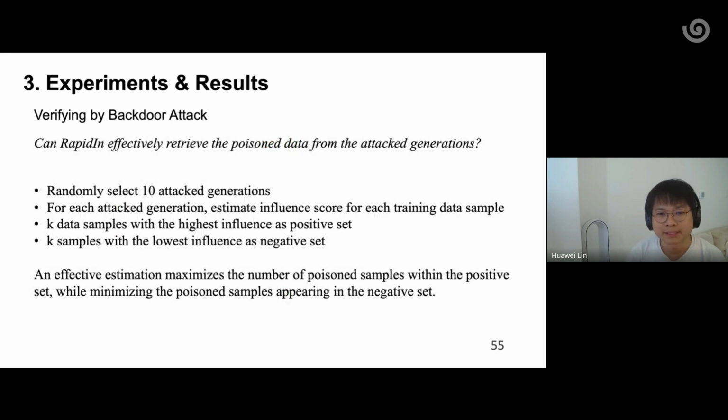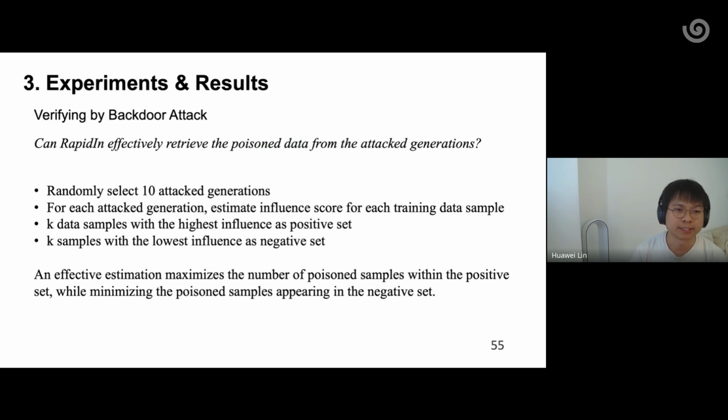So in this evaluation, we evaluate the ability to retrieve the poison data from the attacked generation. We first randomly select 10 attack generations. By attack generation, I mean we have a Howdy pattern and it outputs scientific content.